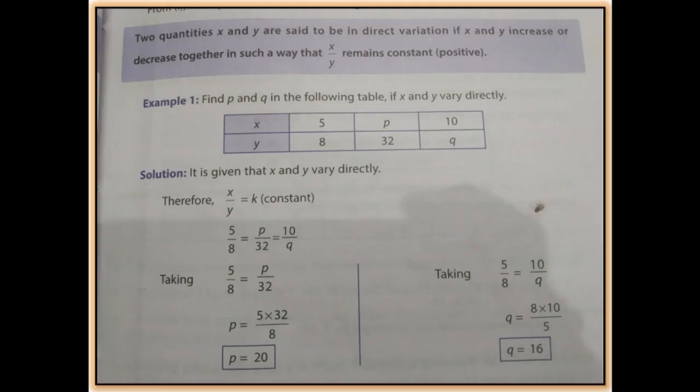See, this is the formula which you use in solving your questions. Let us suppose we have two quantities x and y, and they are said to be in direct variation if x and y increase or decrease together.